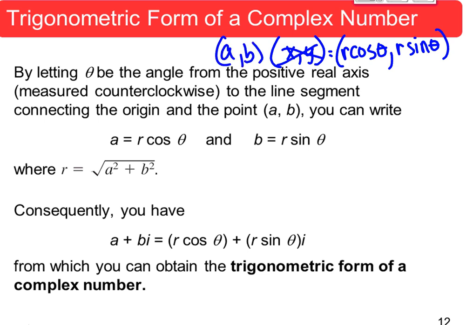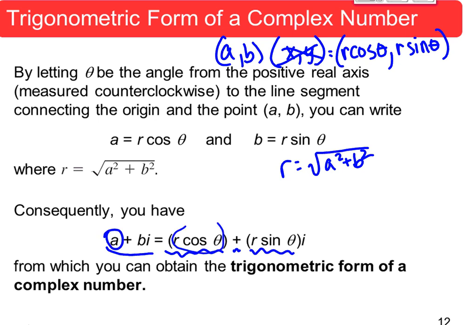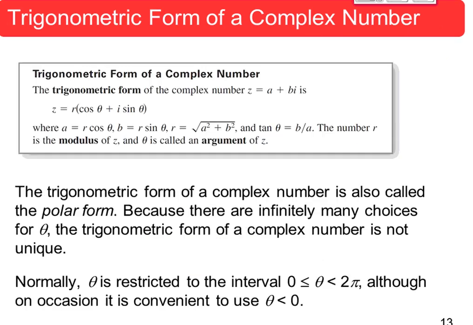That also means that r is going to be the square root of a squared plus b squared. Then we get the trigonometric form where a plus bi is equal to r cosine theta plus r sine theta times i. That's just transferring the a to the r cosine theta and the b to the r sine theta.